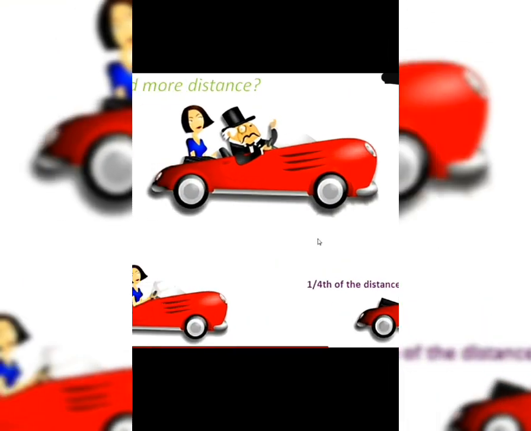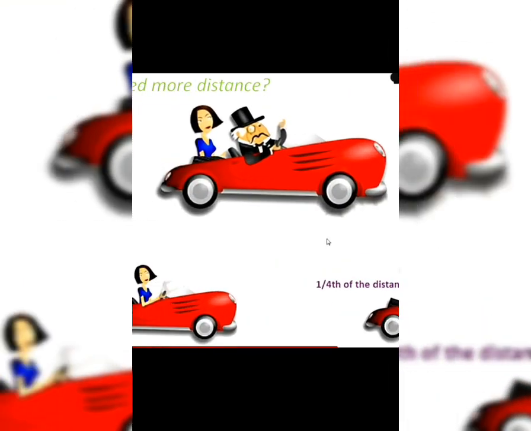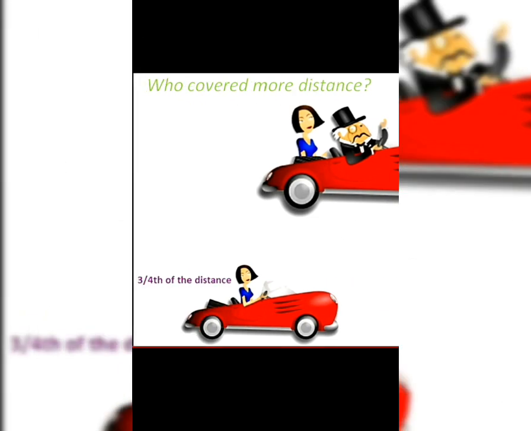Let's look at one more example. Here, we see that Mr. and Mrs. Sim are going on a long drive. For some time, Mr. Sim drove the car, and for some of the time, Mrs. Sim drove the car. So, say Mrs. Sim drove the car for 3/4 of the distance. Whatever the total distance, 3/4 of that distance was covered by Mrs. Sim, and the remaining 1/4 of distance is covered by Mr. Sim.